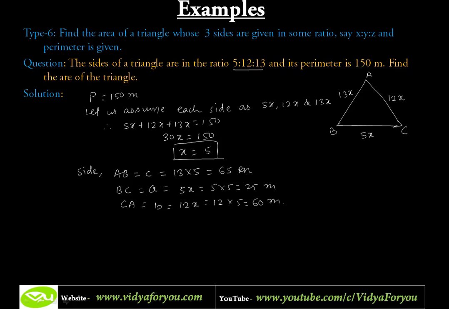Now we have ABC, we have s as the semi perimeter, that will be 65 plus 25 plus 60 divided by 2. So can we use Heron's formula, s minus a, s minus b, s minus c? So here just find the semi perimeter of this triangle.